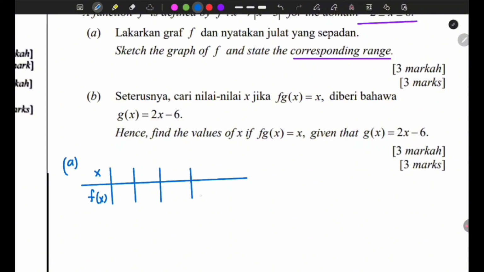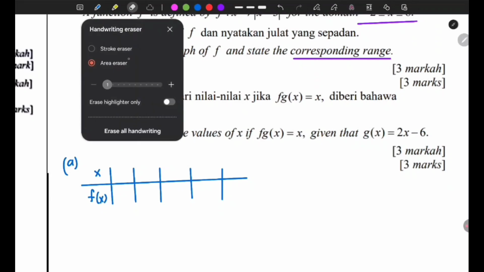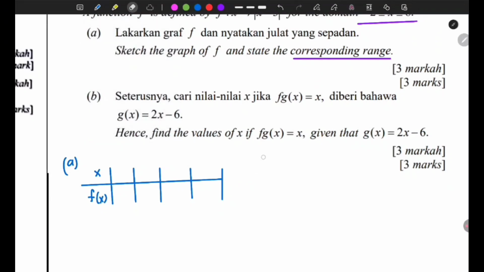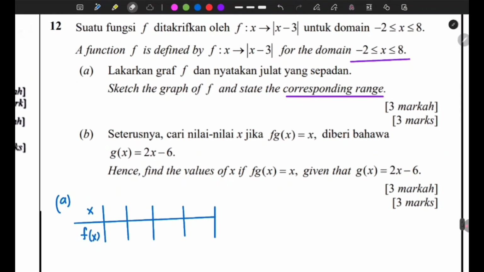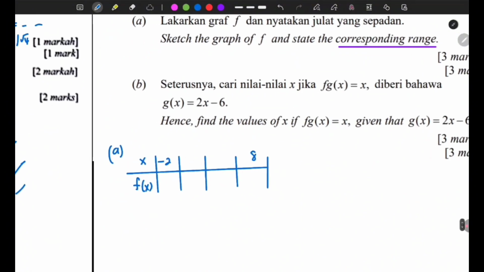One, two, three, 4. I drew it way too long. Negative 2 until 8. Your x, so negative 2 until 8. So what do you put in the middle? 0, 0. 1 above, 1 below. And then complete the table first.